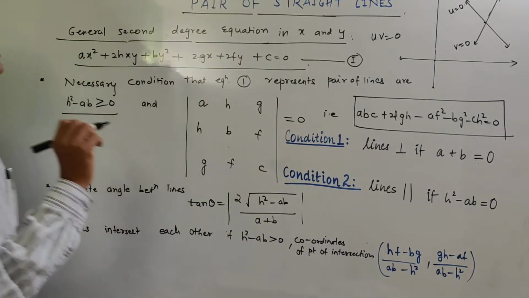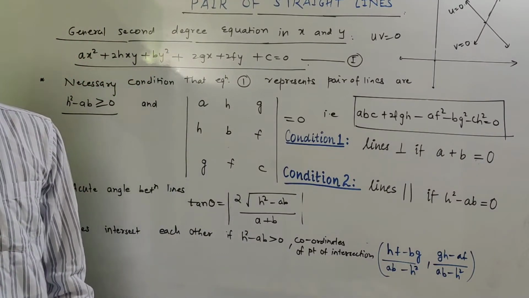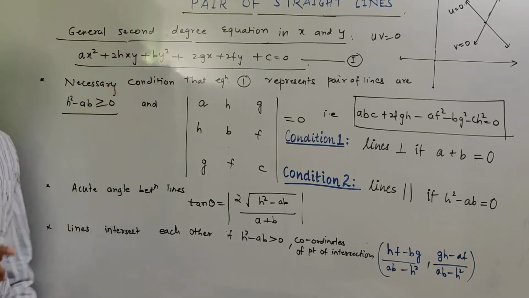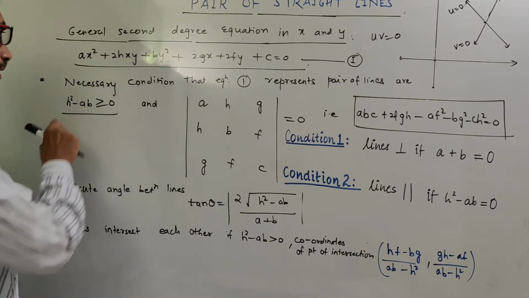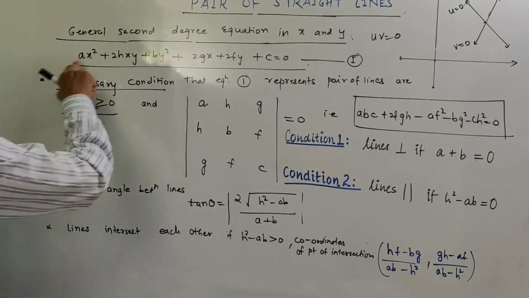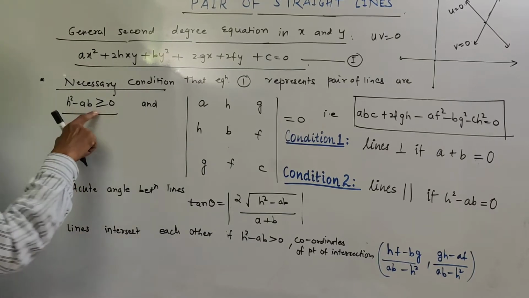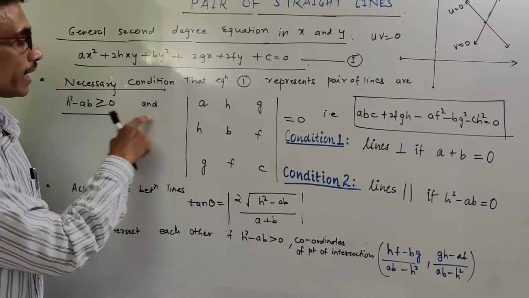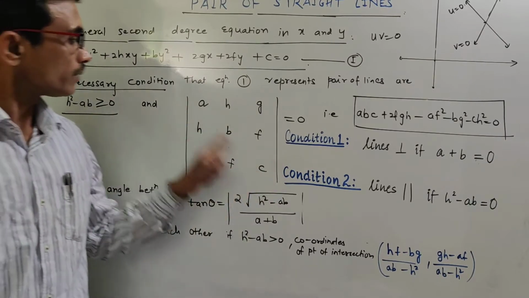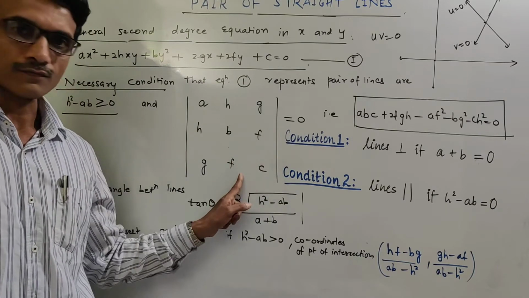अभी as we said, every homogeneous equation represent pair of lines passing through the origin, लेकिन जनरल सेकेंड डिग्री इक्वेशन में ऐसा नहीं है. This is a necessary condition that the equation represent pair of lines if h square minus ab is greater than or equals to 0 and the determinant with diagonal elements a, b, c and h, h, g, g, f, f.